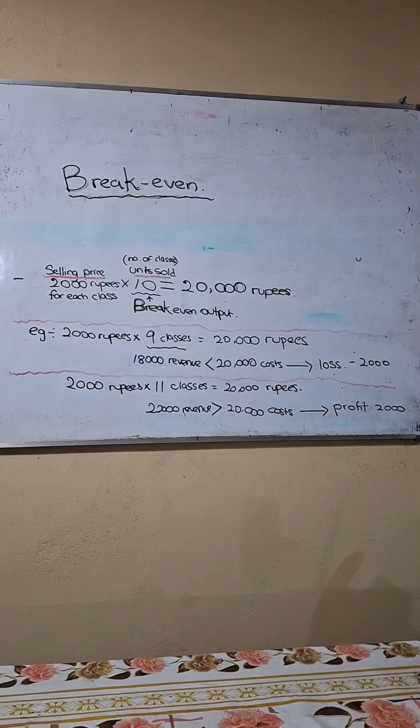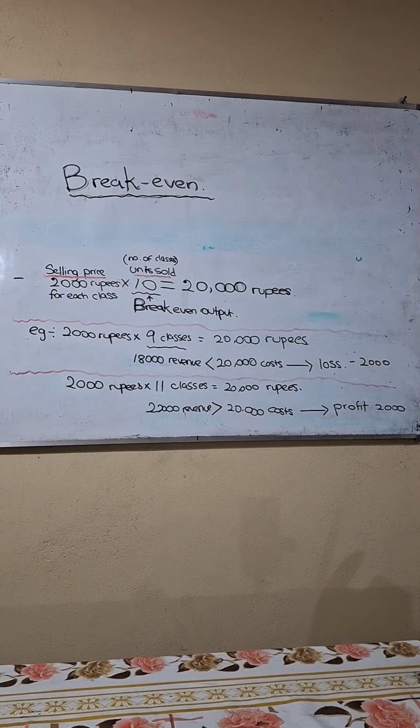So you can clearly see in this case my revenue exceeds the cost. That means my income is greater than my expenses. So I will make a profit of 2,000 rupees. Even after paying all my bills, I will have 2,000 rupees extra, which will be my profit.